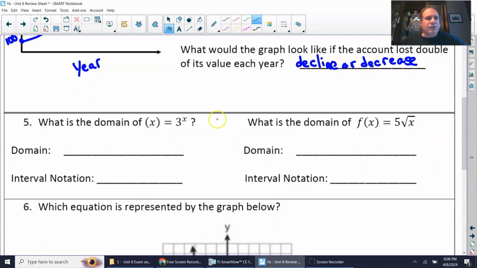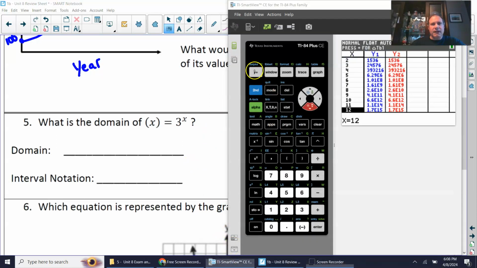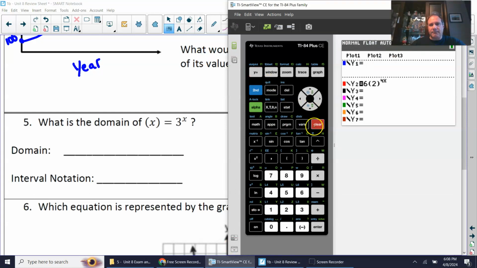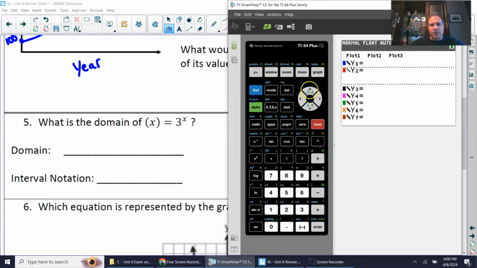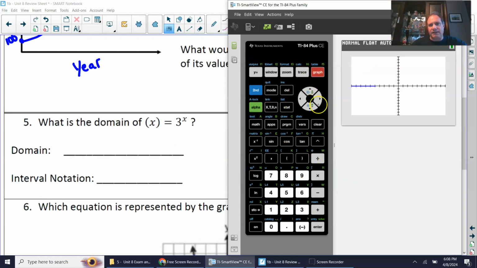All right, so the domain. Always graph in the calculator. Go ahead and clear out your y1 and y2. And here is your domain, right? You're just going to put this directly into the calculator, and you're going to press 3 to the x power. And we're going to see what that graph is.